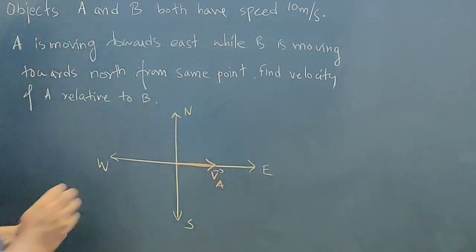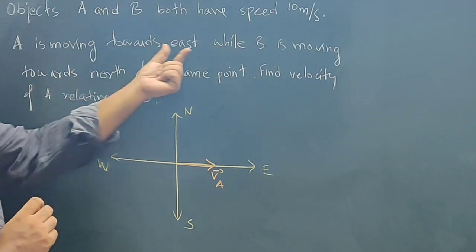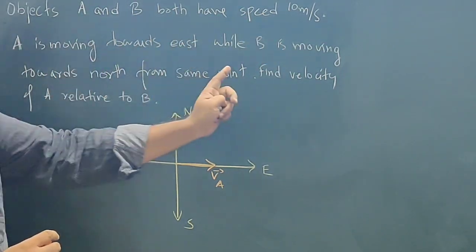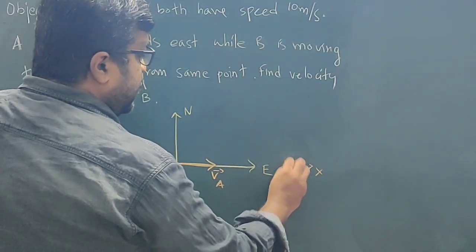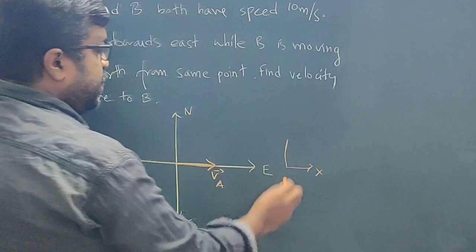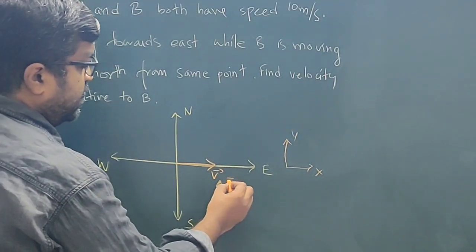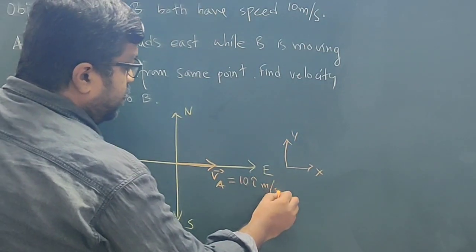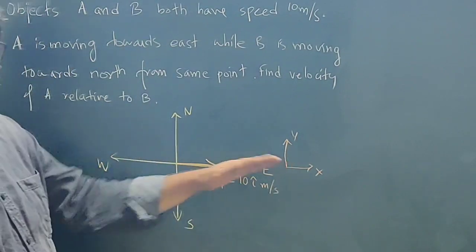Its speed is 10 meter per second and it is directed towards east. So if we take this horizontal direction as x-axis and the upward direction as y-axis, I can write VA is equal to 10 i cap meter per second. Why 10 i cap? Because it is along x-axis towards east.